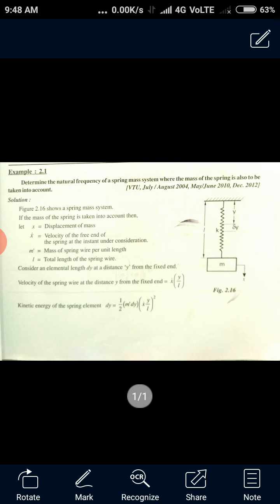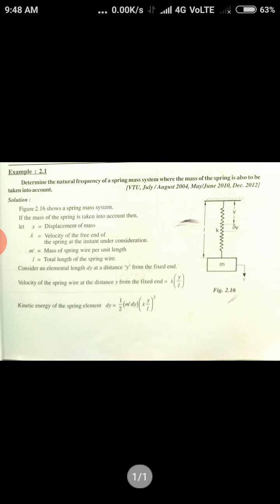In the previous derivations, the mass of the spring was negligible, we neglected it. So there the mass had the kinetic energy and the spring had the potential energy. That was the consideration we made in the last derivations.